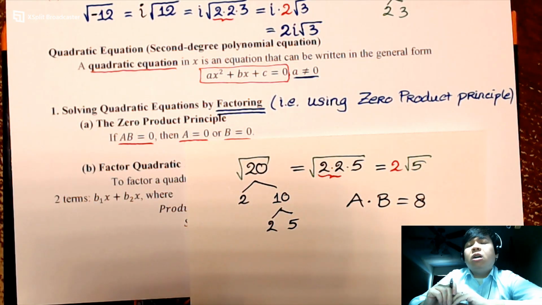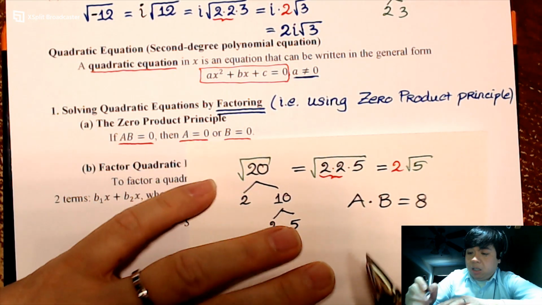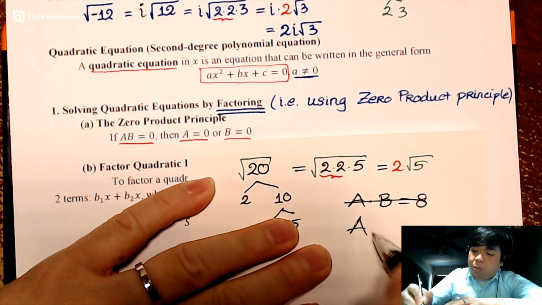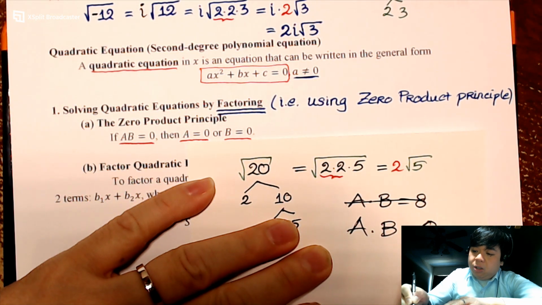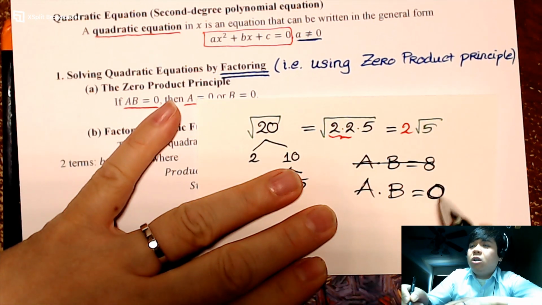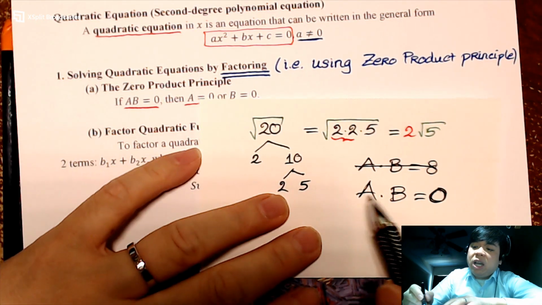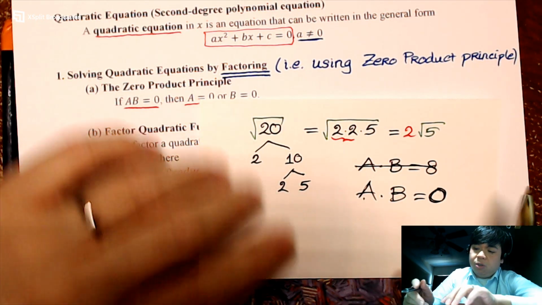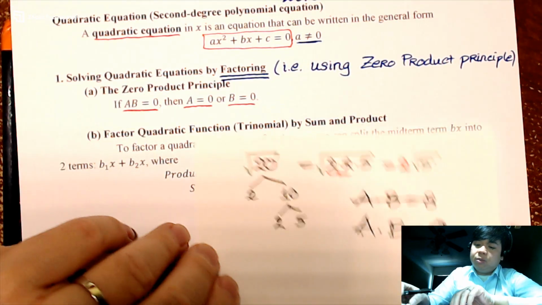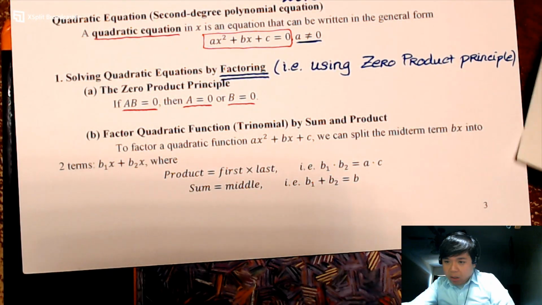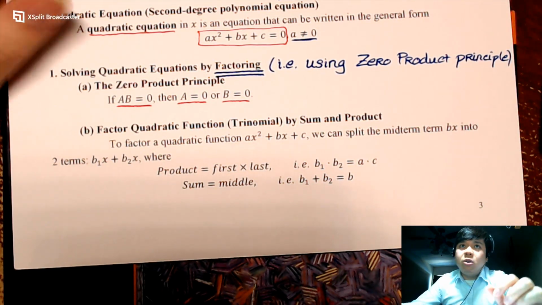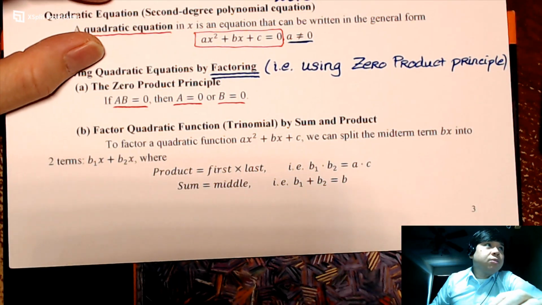There are a lot of possibilities. But if we have a product equal to 0, then one of them has to be 0. So a is 0 or b is 0. So it only works if we have 0. Right. So that is the zero product principle.